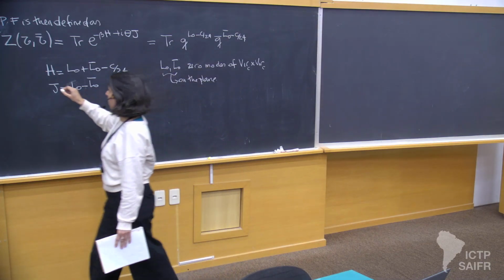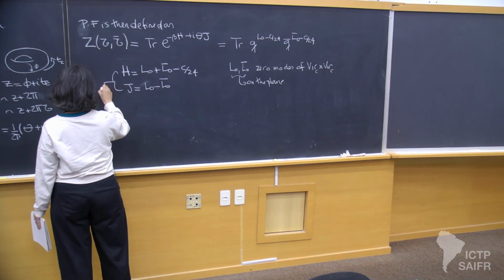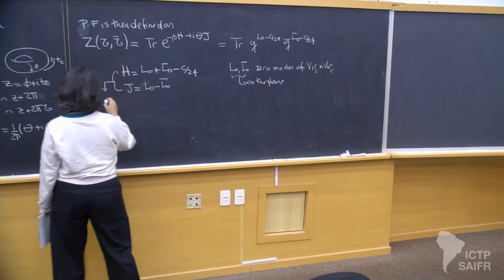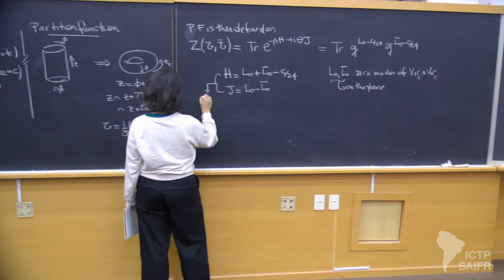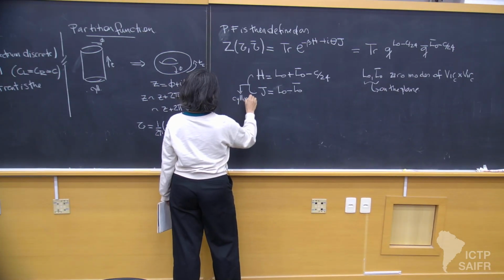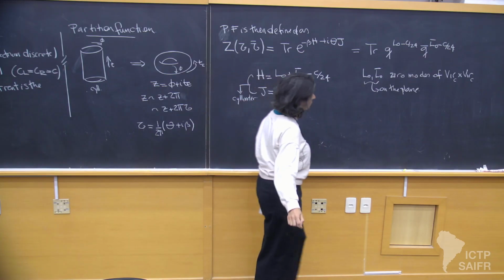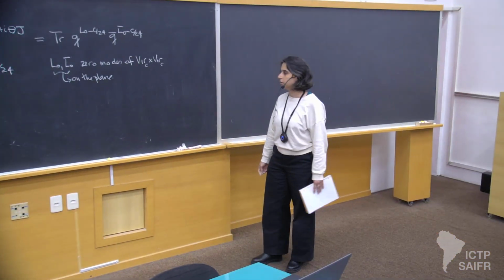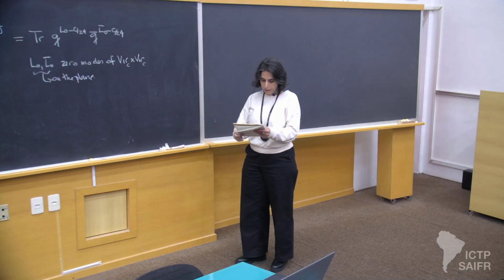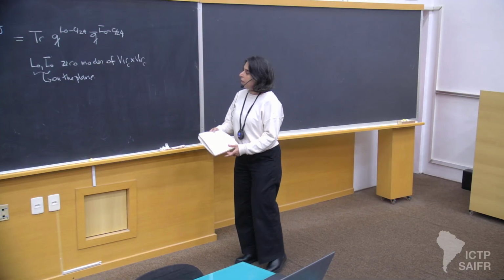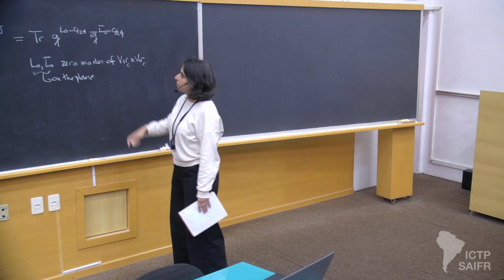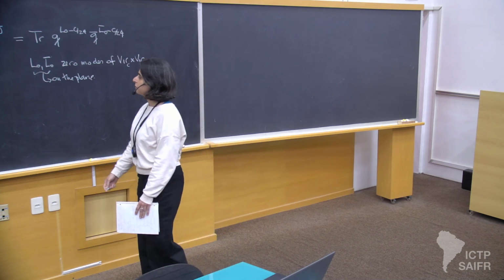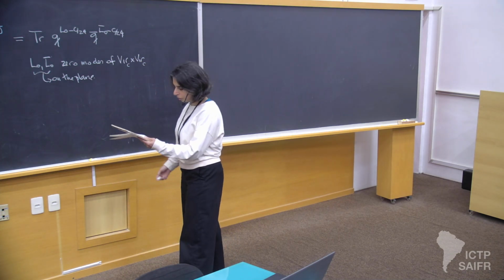And H and J are basically the zero modes. The reason why you get this minus C over 24 is because these are the ones defined on the cylinder. So the minus C over 24 is the Casimir energy that you get from mapping the charges from the plane to the cylinder. Now, you can say more about this. If you are in a 2D CFT, there's two more things that you can say.